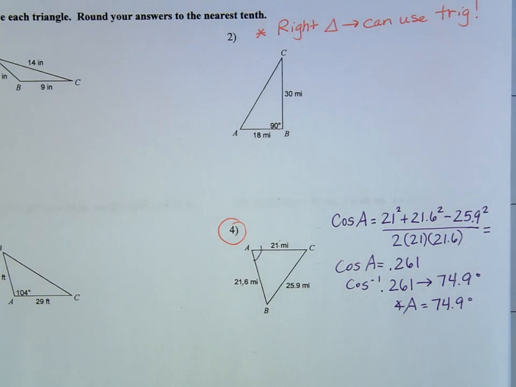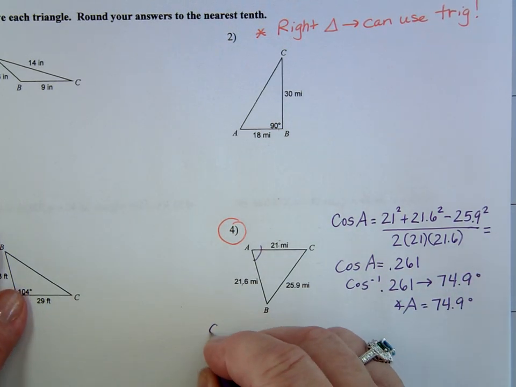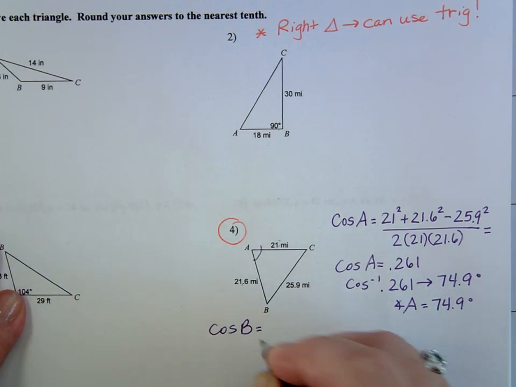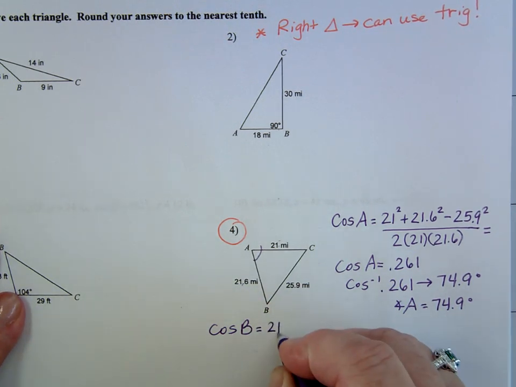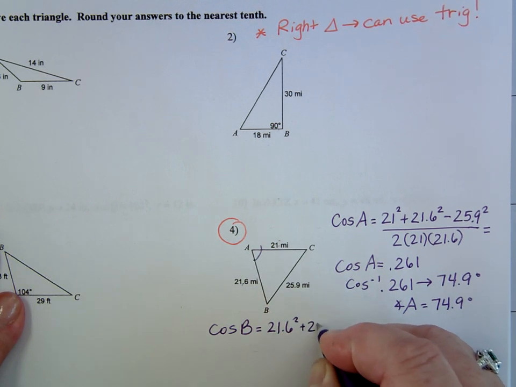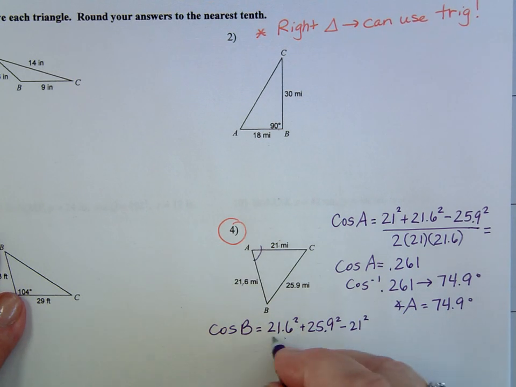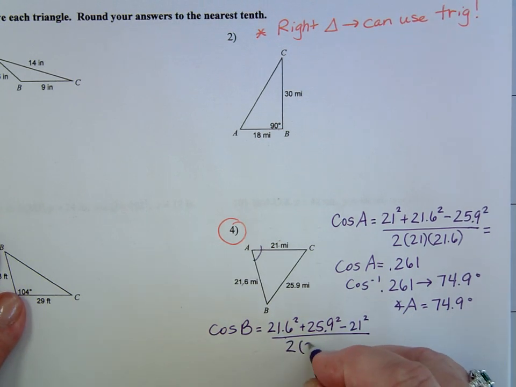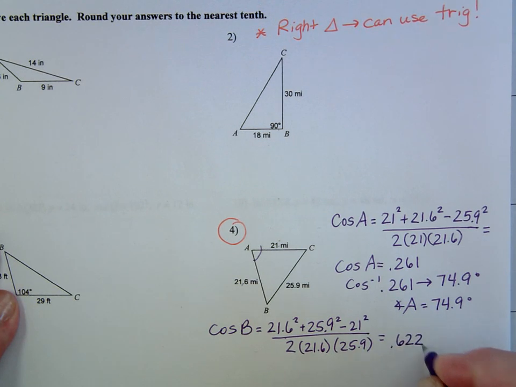Now I need to find another angle in the triangle, so I'm going to go for angle B, and I'm going to do exactly the same setup as this. The cosine of angle B, check out the two sides that make up angle B. They're the first numbers you use. 21.6 squared plus 25.9 squared, subtract away the opposite, 21 squared, divided by 2 times 21.6 times 25.9, gives you a decimal again, and this one comes out to be 0.622.